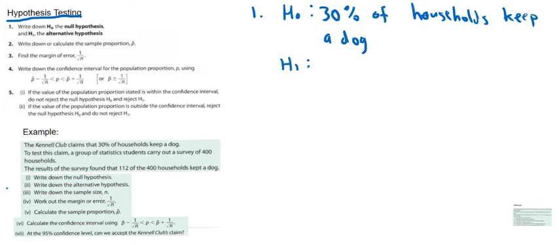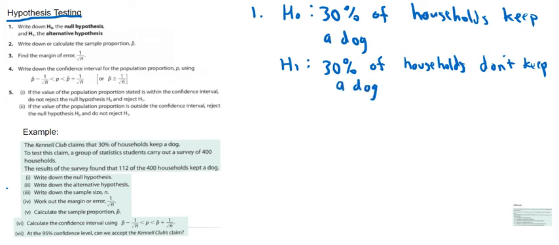The alternative hypothesis then is just going to be the opposite of that, so that 30% of households don't keep a dog. Or that the figure of households that keep a dog is not 30%. So it's basically the opposite.